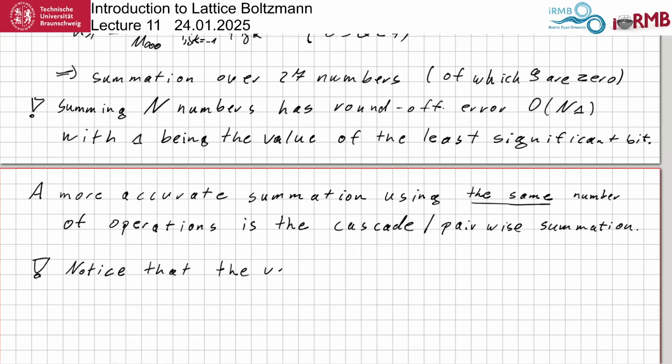What we have to take into account here is that the value of the least significant bit depends on the lattice direction.